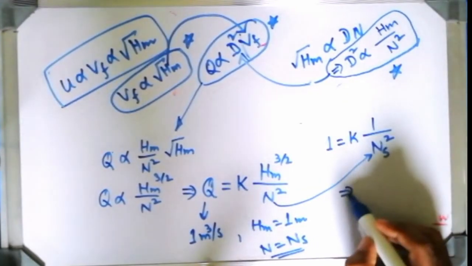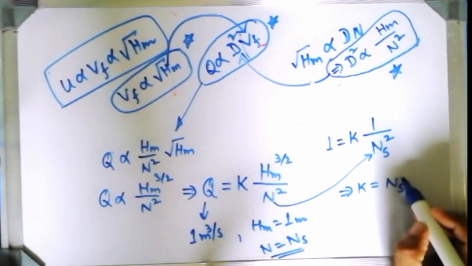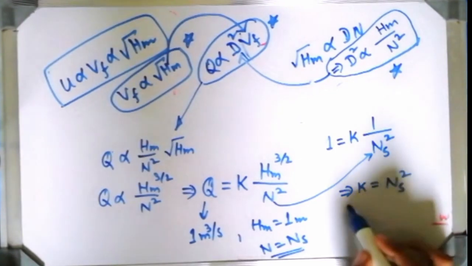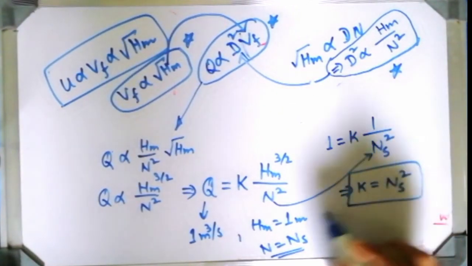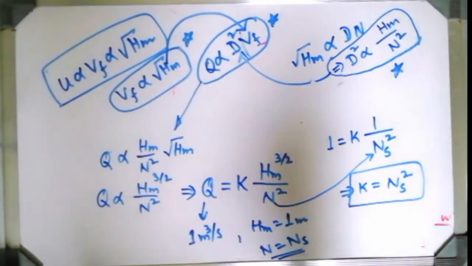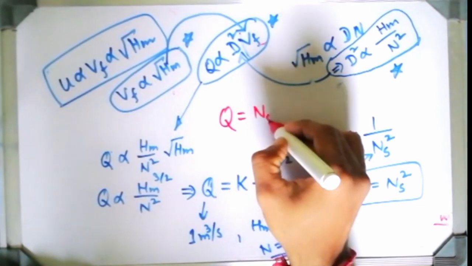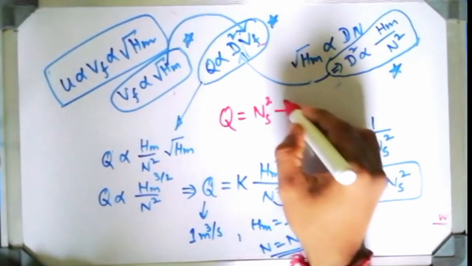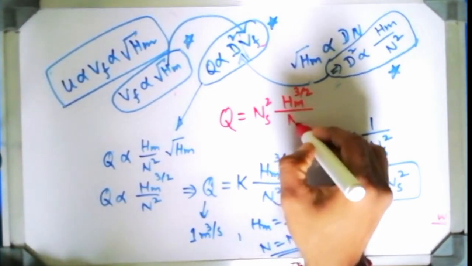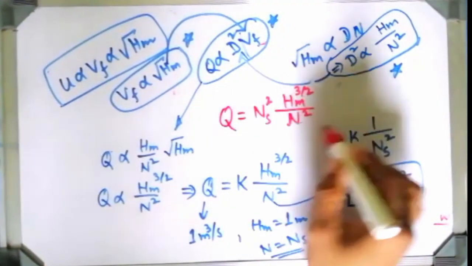From there what am I getting? The constant value k equals ns square. If the constant is known, then easily this relation can be written in this manner. I am writing now q equals ns square hm to the power 3 by 2 divided by n square. See, that is the final expression.